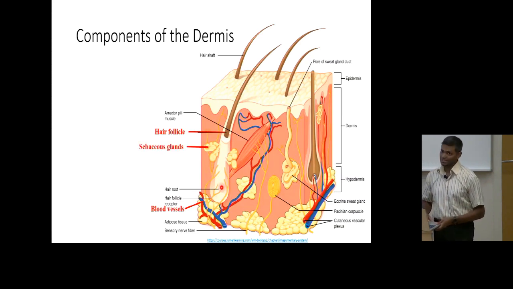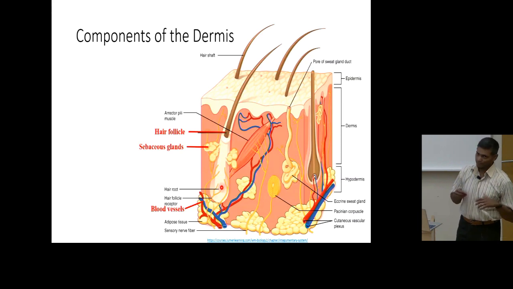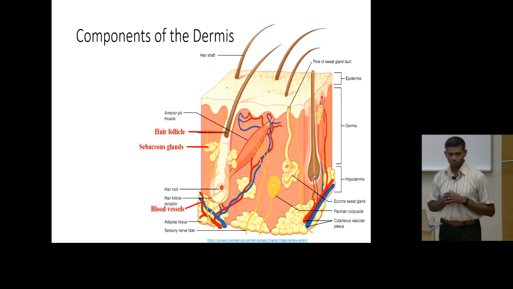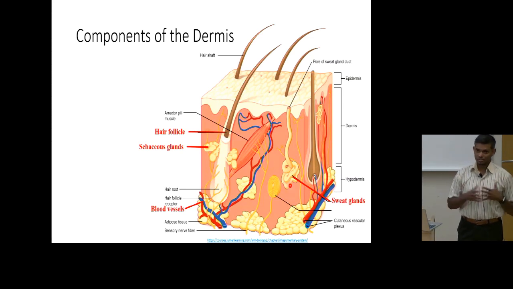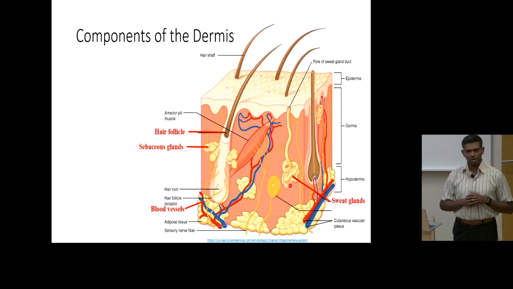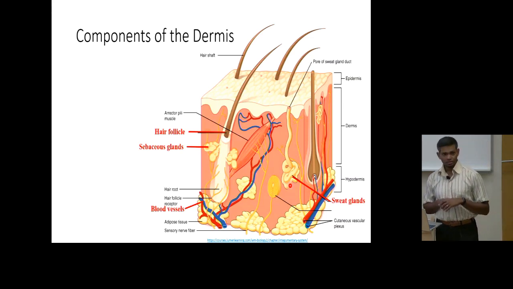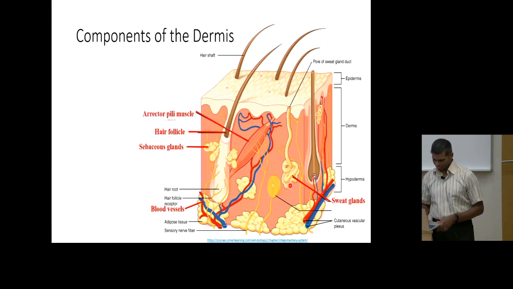There are sebaceous glands which secrete oily substances which will not only help lubricate the skin and help retain moisture, but it also has antimicrobial activity. And sweat glands, when you secrete sweat, it not only helps with thermoregulation by cooling your body down, but it can also help with excretory function to get rid of waste products.